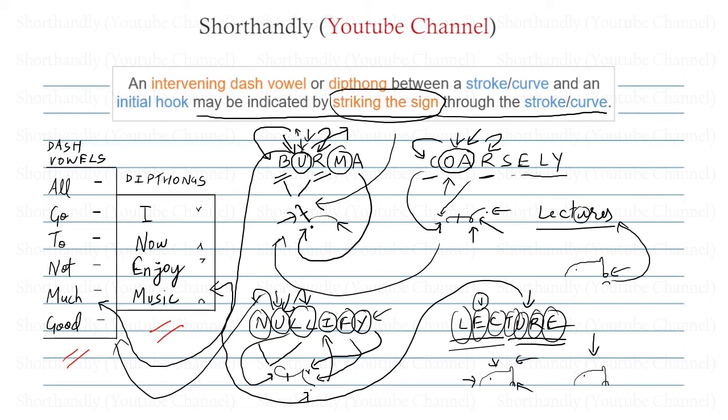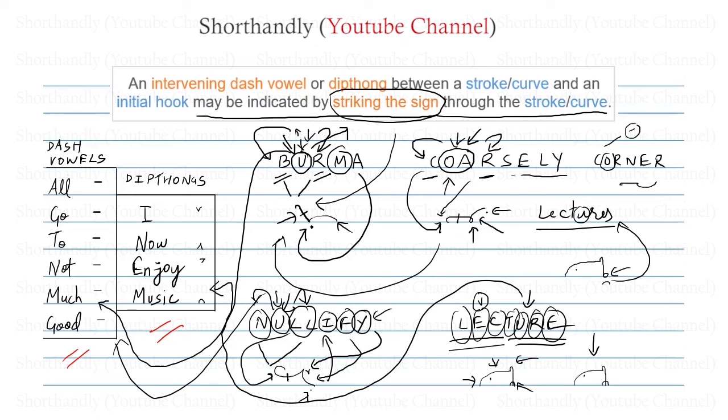Right, in the same way, suppose let's take another word called corner. Alright, so first of all, let's leave this vowel, which is the O sound, as in not, which is indicated by this light dash. So for a moment, let's just write down corner like this.